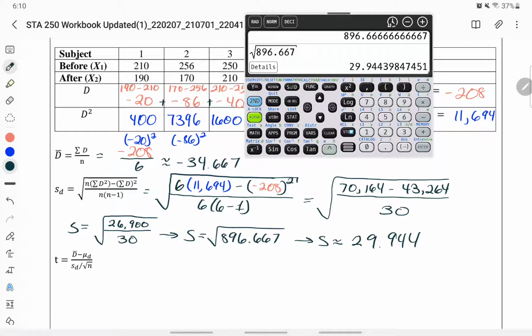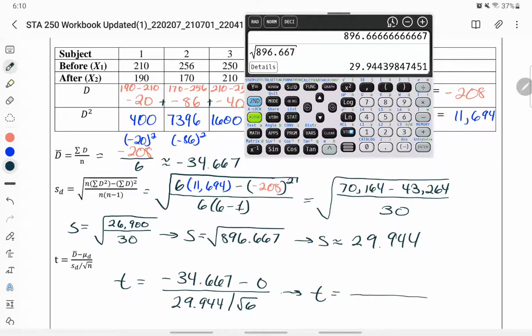Now we have everything that we need to compute the test value. T is equal to negative 34.667 minus mu sub D, which is 0, divided by the standard deviation, 29.944, divided by the square root of the sample size, so the square root of 6. The top will remain the same, negative 34.667.